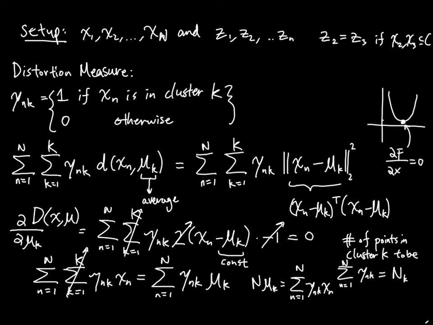And now to finally divide both sides, oh, this is k by the way, we get that mu k is equal to the summation over n of gamma nk xn divided by Nk. So just to recap, we have that mu k is equal to the summation over n equals 1 to N of gamma nk xn over Nk, right?